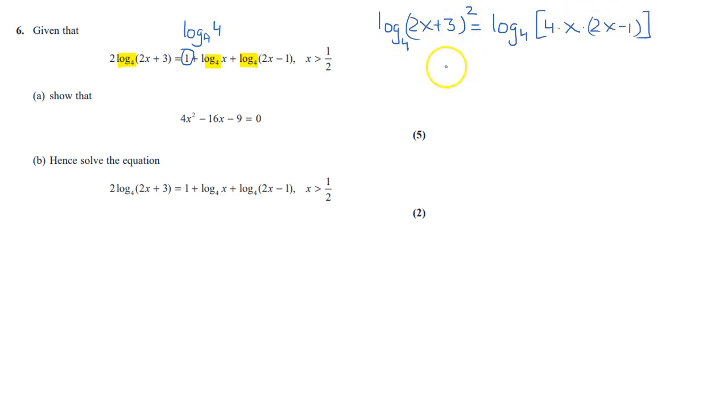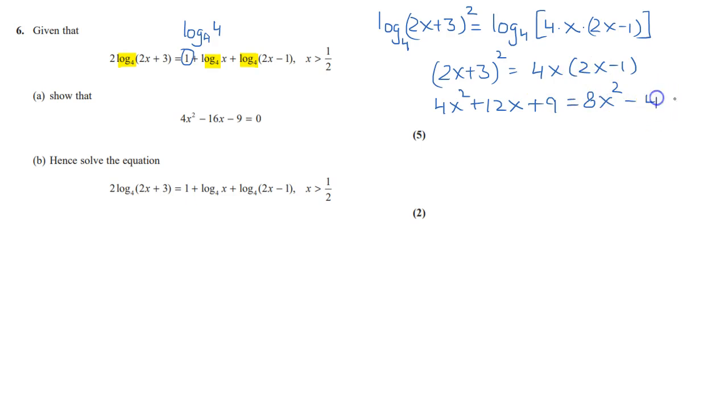Now taking antilog, (2x plus 3) squared is equal to 4x(2x minus 1). Let's simplify this. The square of this is 4x squared plus 3 times 2 is 6 times 2 is 12x plus 9, equal to 4x times 2x, which is 8x squared minus 4x.